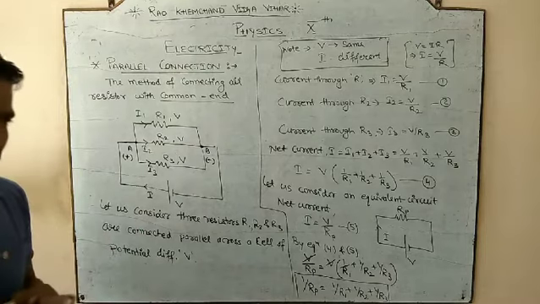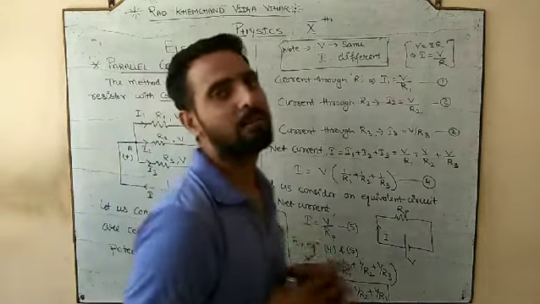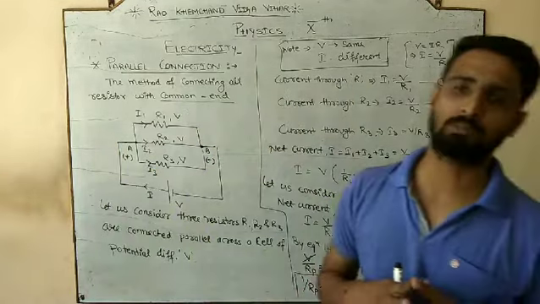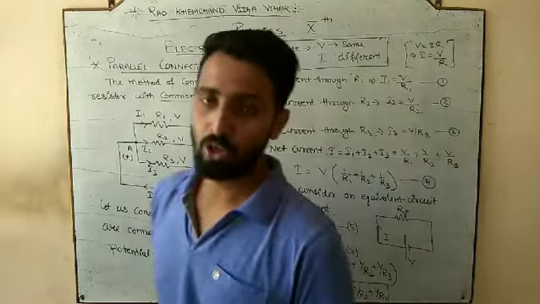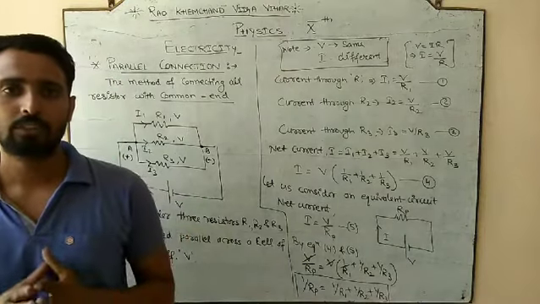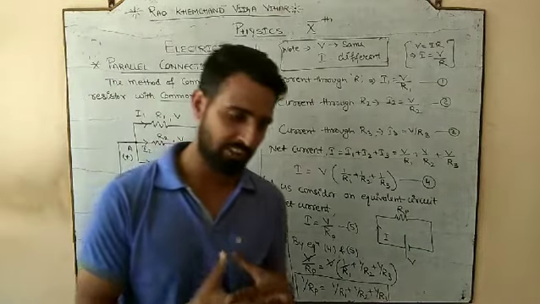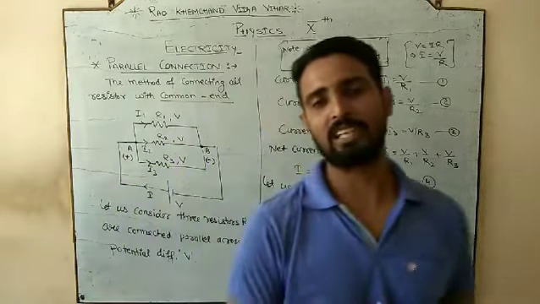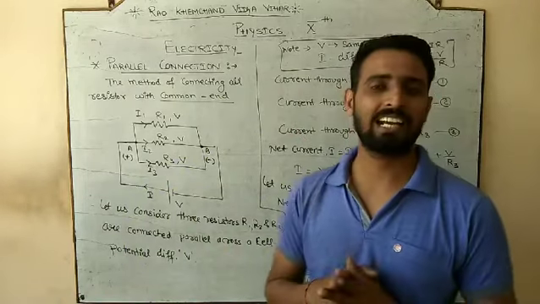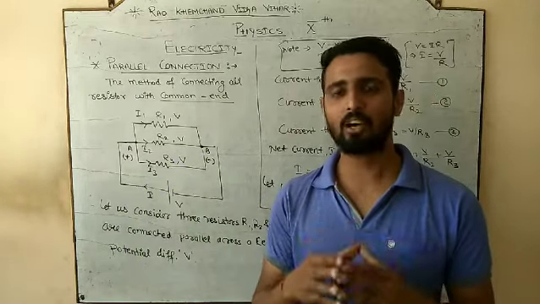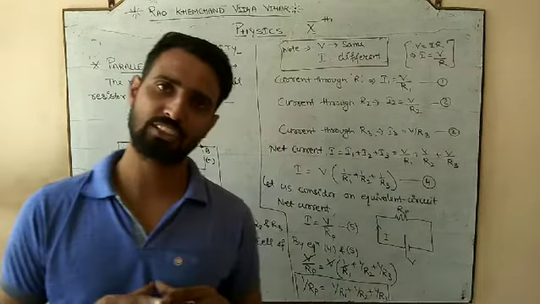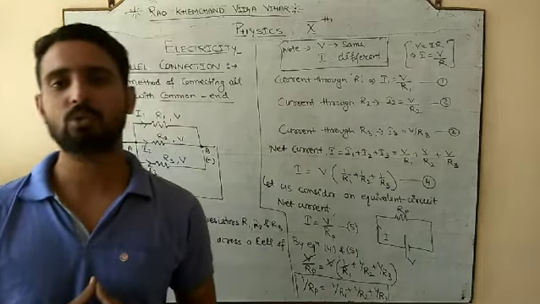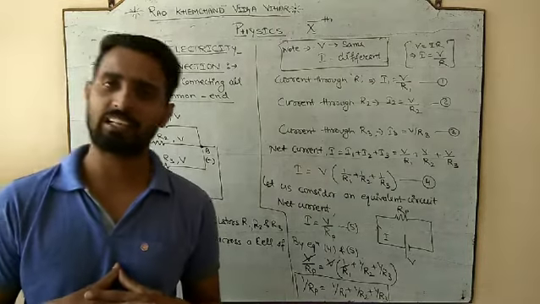So in this lecture I would like to confine myself to only the two types of connection. I do not want to extend it later, because if we go on, it would take a very long time. So the further topic we will continue with in the next lecture. But before that, we are going to study the numericals of finding the net resistance, how to calculate the net or equivalent resistance.